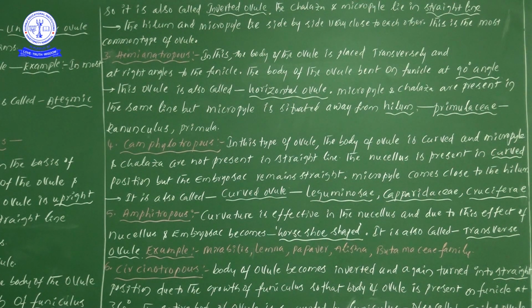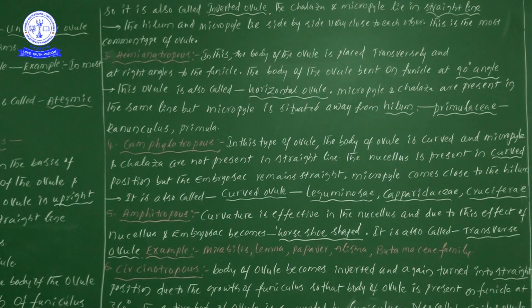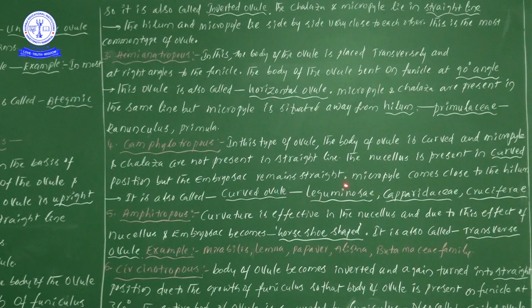But the nucellus definitely will be curved. Next one, the micropyle comes close to the hilum. When the nucellus is curved, the micropyle comes very close to the hilum. It is also known as curved ovule.